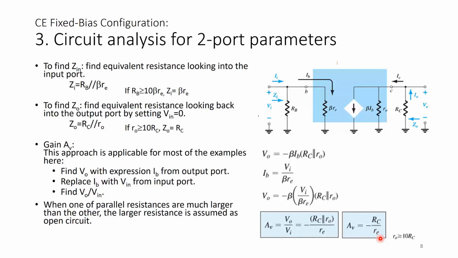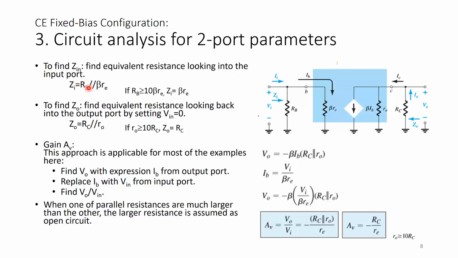Okay, as well, we use this concept that when one of the parallel resistances is much larger than the other. We covered this in our previous slides. If you've forgotten about it, please have a look. Okay, so you have here, in fact, for the input impedance, I've also added this term here. If RB is going to be 10 times bigger than beta RE, then you can actually ignore RB.